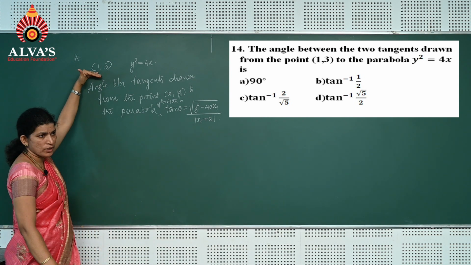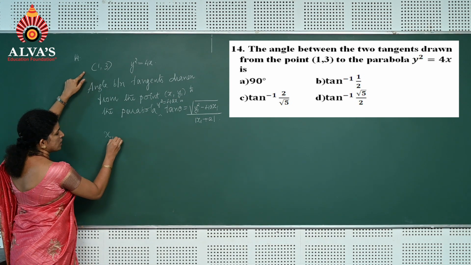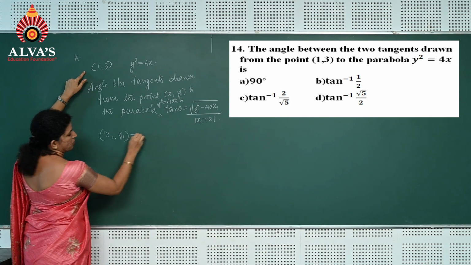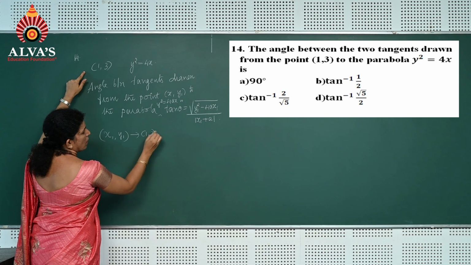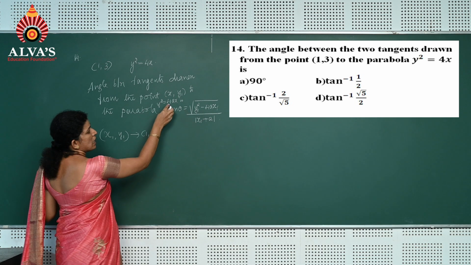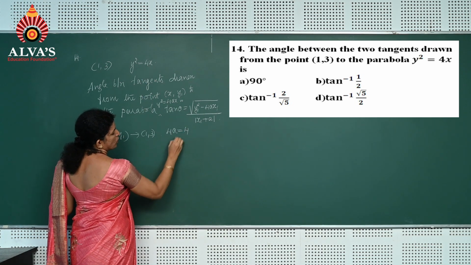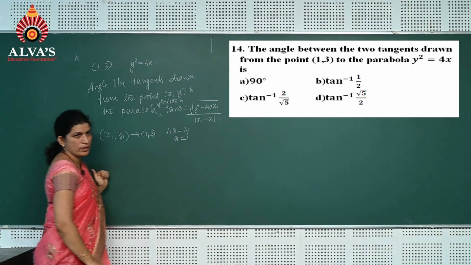So come to our given question. Instead of (x1, y1), our point is (1, 3) and the parabola is y square equal to 4x. Comparing to the standard form, 4a equal to 4, so that a takes the value 1.